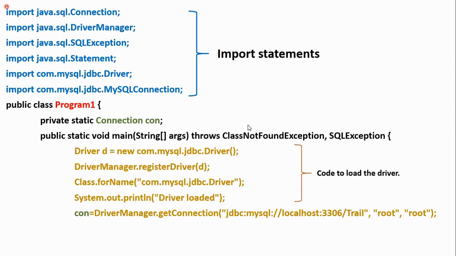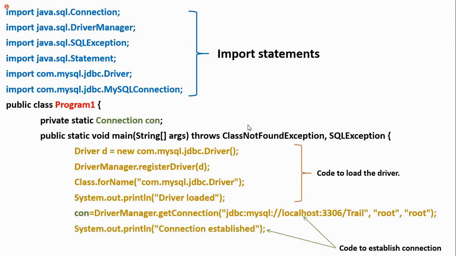That connection I will be collecting inside one variable called con, which is defined as a private static Connection. Once I get this, I will print connection established, and this is the code for establishing the connection.